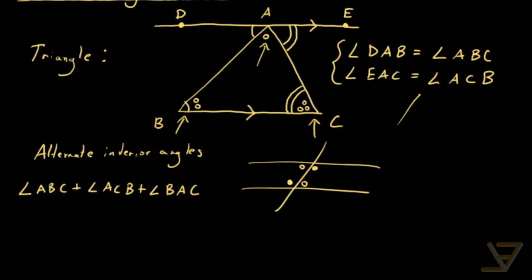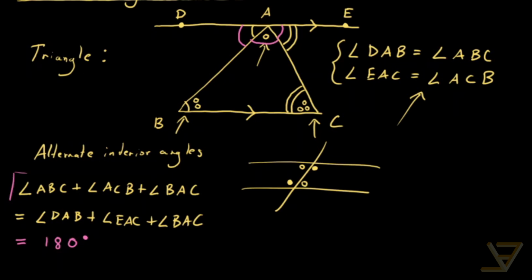By substitution using these equations, we get this is equal to angle DAB plus angle EAC plus angle BAC. Now notice what these angles are. DAB is this one, EAC is this one, and BAC is this one. So together they equal 180 degrees. And that gives us the formula that we want for the sum of the three interior angles of any triangle.